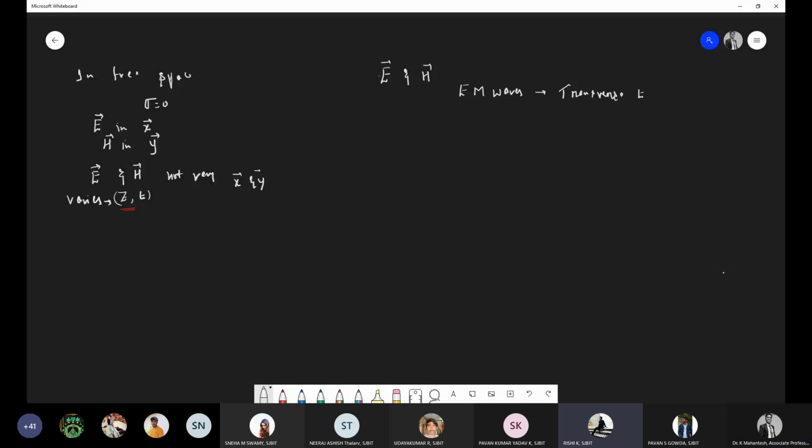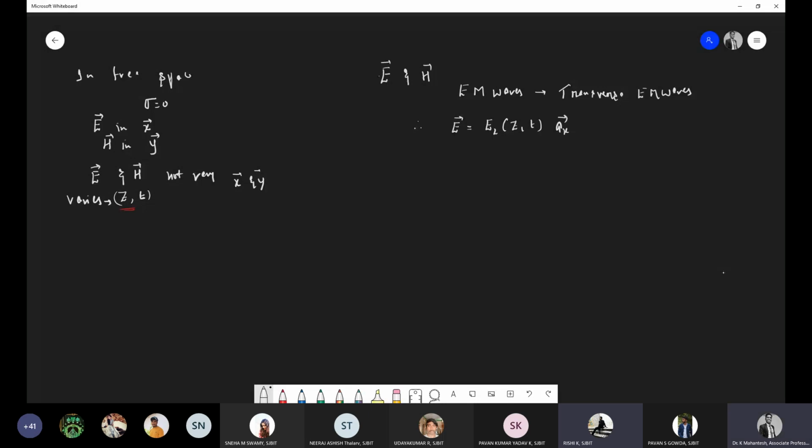Transverse EM waves. Therefore, I can write the equation for E, that is electric field, for EMW or electromagnetic waves as E is equal to Ex, a function with respect to Z and T in the direction ax. So what is E?